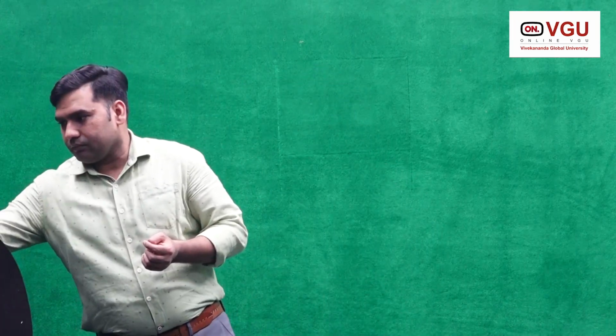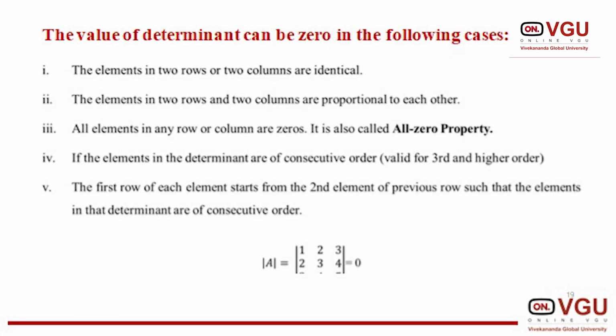Whenever we multiply this scalar quantity, it will be multiplied to each and every element, whether we are multiplying in a row or in a column. So the value of the determinant can be 0. Yeah, there are some interesting properties.